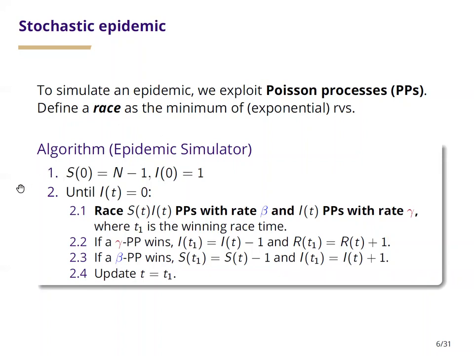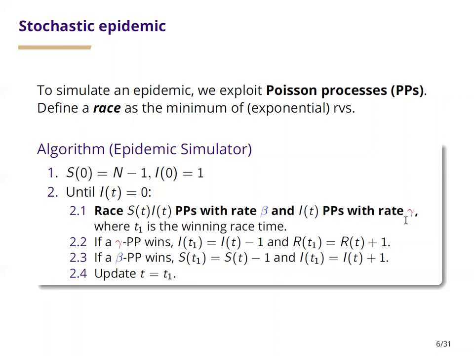Within the algorithm, we have an initialization step, and then we enter into a while loop, the while loop being until the epidemic ceases. The key idea in this while loop is that we are going to be racing Poisson processes. So we'll have S of t, I of t Poisson processes with a common rate beta. These correspond to infections. And then we'll have I of t Poisson processes with the removal rate gamma.